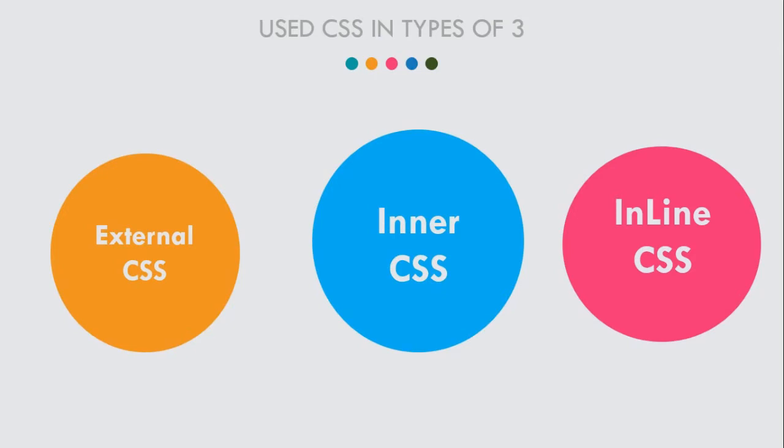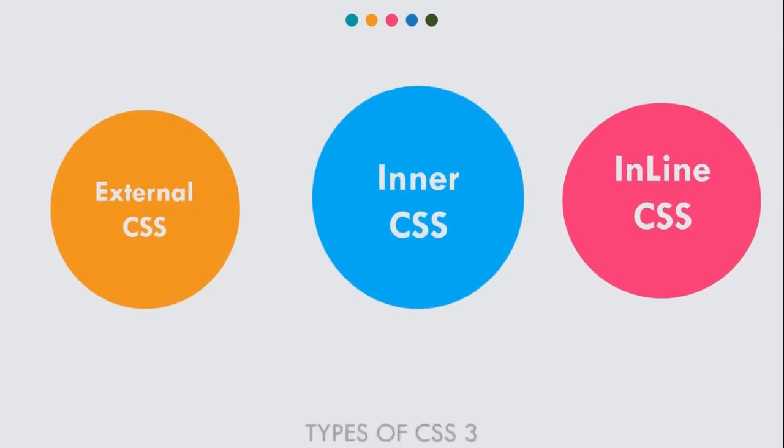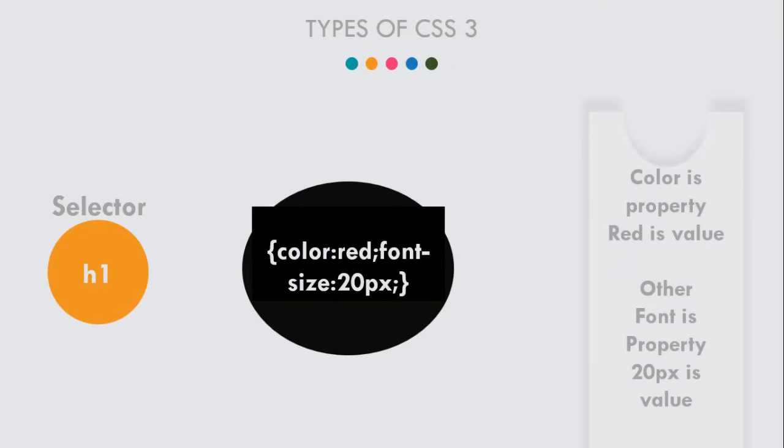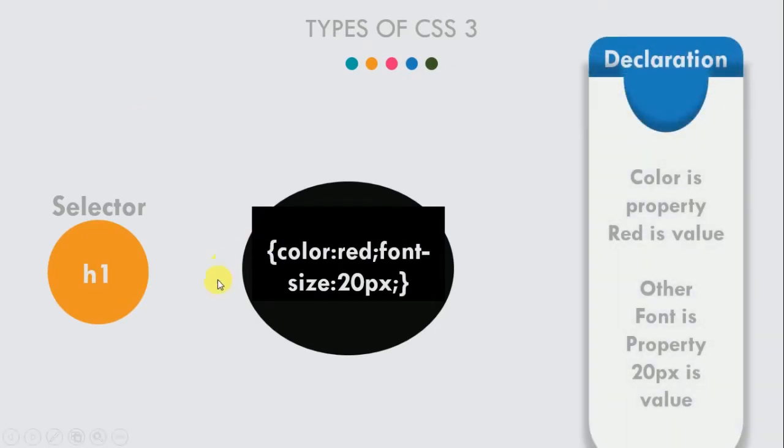In this part we cover the three types, and firstly how to use CSS. This is an h1 tag, and if you want to give a color to h1, color is a property and red is a value.